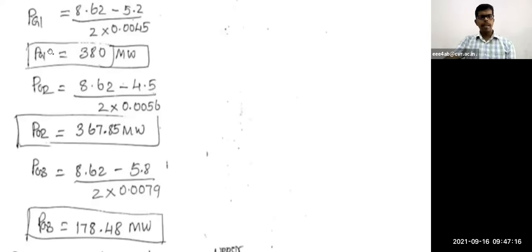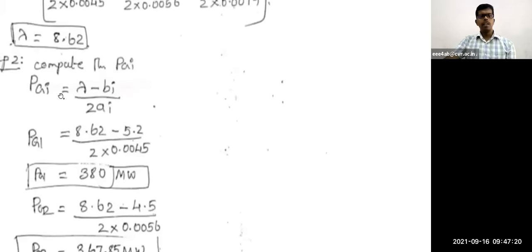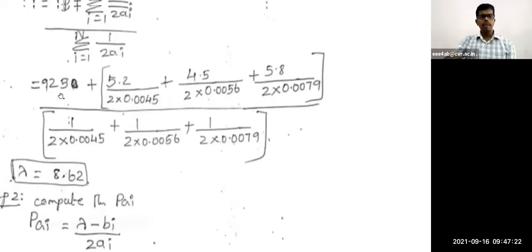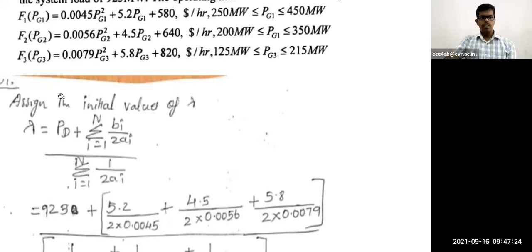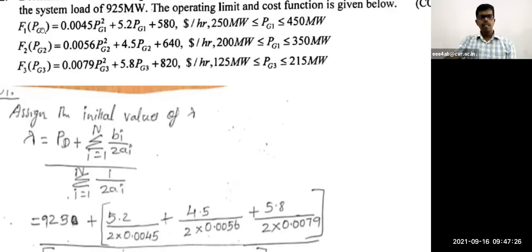PG1 and P1 are all the same. Sometimes the problem data itself is given as P1 instead of PG1. Sometimes it is given as F1, F2, F3.